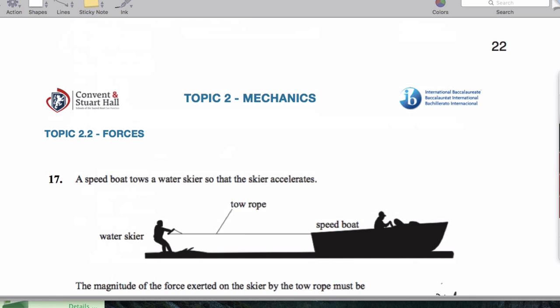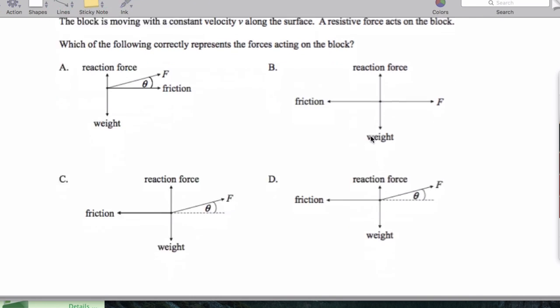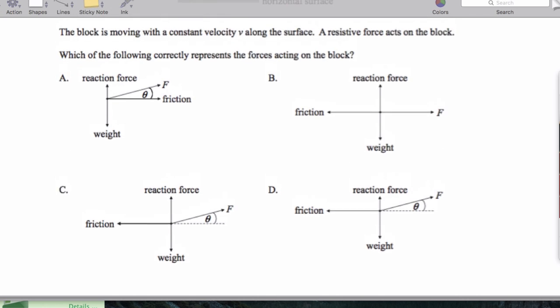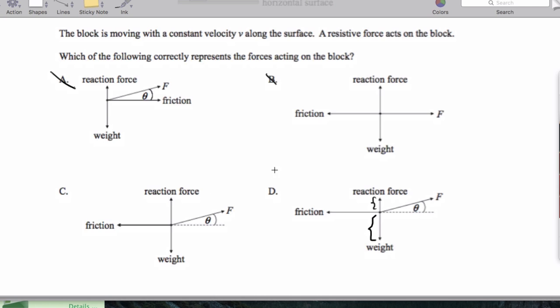All right, and then question 18. A force acts on this block. I had a lot of questions on this one. Let's be really careful. So most people were able to eliminate A and B. Check this out, though. Look at the length of this vector versus that vector. And let's be really careful. And also, let's look at the length of these vectors here. So what we're saying is the upward force comes from part of this and part of that.